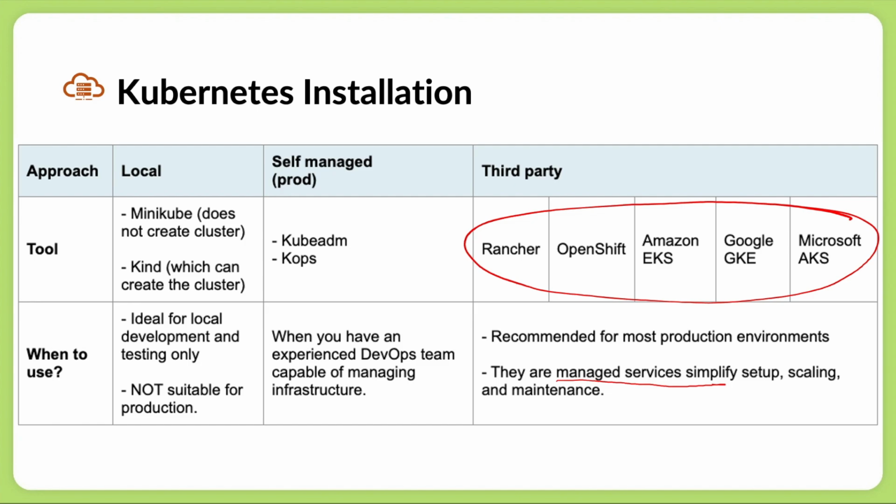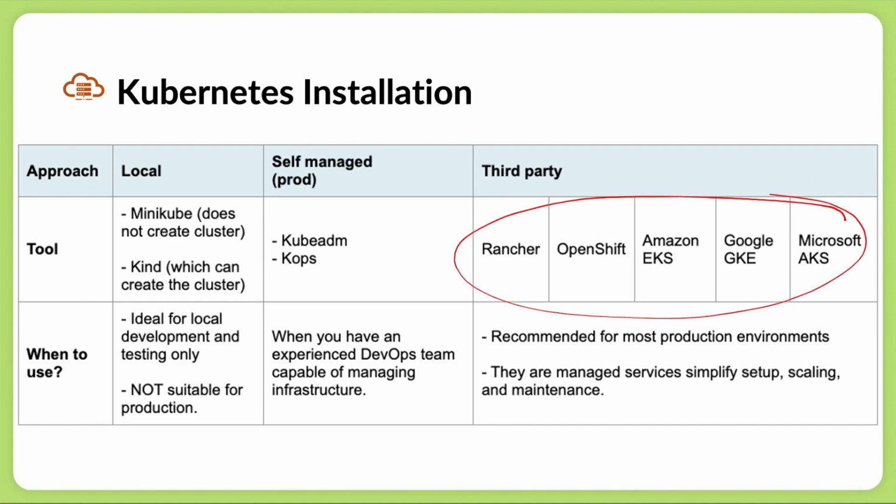It has simplified setup, scaling and maintenance. You don't have to worry about the internals of Kubernetes installation and configuration. They provide different tools and a UI, and using these you can install Kubernetes.